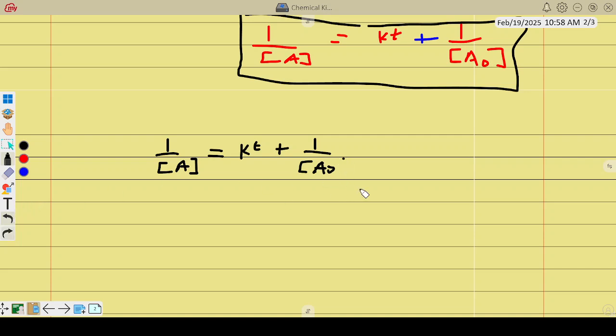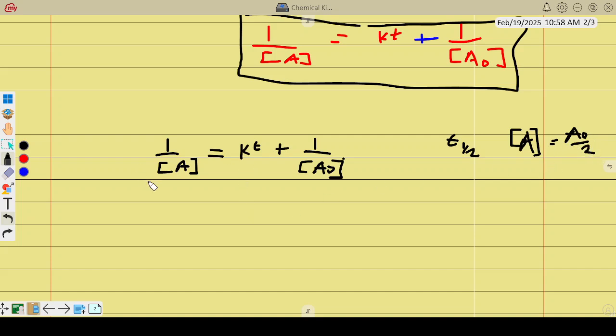Now remember, when you talk about half-life, we're simply looking at the final concentration. The final concentration is replaced with A naught over 2.